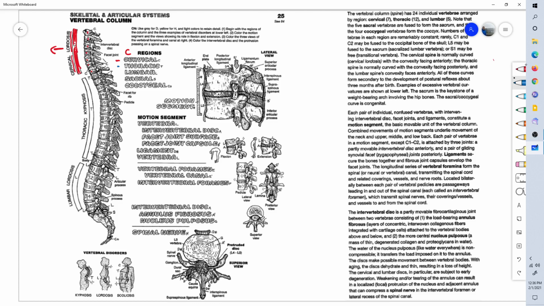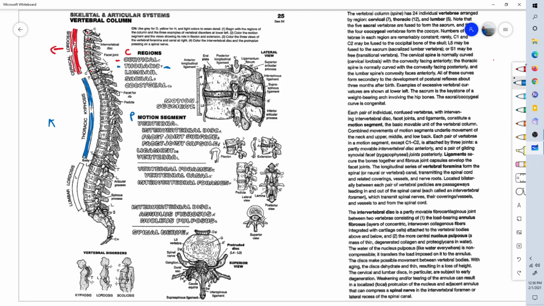The next region is the thoracic region. And it too has a curve, except this curve changes direction. No longer is it a forward curve, it's a backward curve. Of course, this is the posterior over here, this is the anterior over here. And this curve points backward toward the posterior.